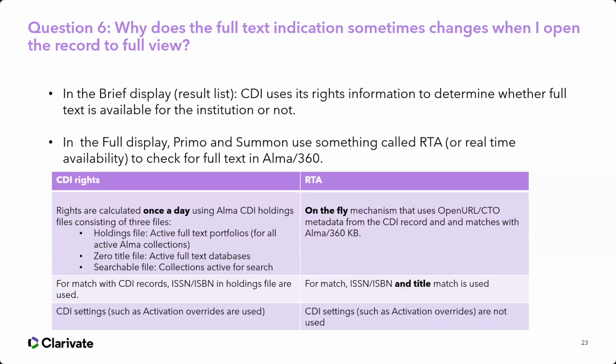Also, in some cases, in CDI rights, CDI settings such as the overrides are used, and that's not the case in RTA. So there are small differences that can explain it. You will see it very rarely, but it is something that customers sometimes see. So I wanted to briefly talk about this.